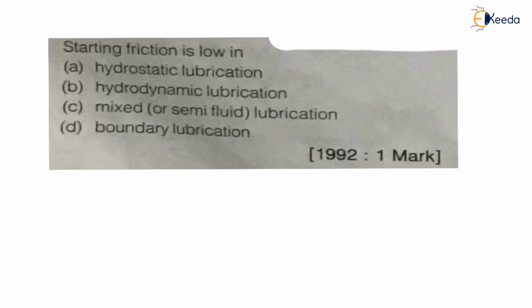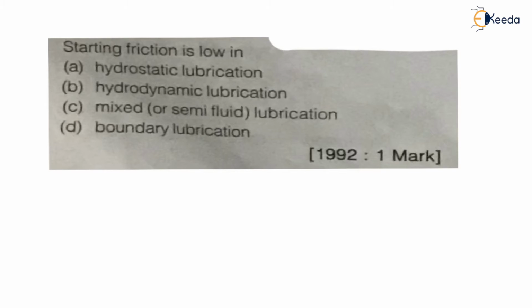The next theory question on sliding contact bearing is, the starting friction is low in hydrostatic lubrication, hydrodynamic lubrication, mixed or semi fluid lubrication, boundary lubrication. This question was asked in GATE 1992 for 1 mark.